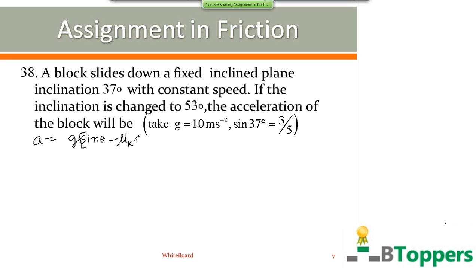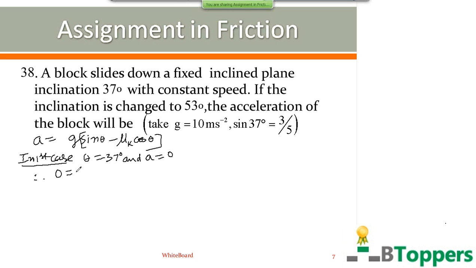normal reaction, and force of kinetic friction, is given by a equal to g into sin theta minus nu k into cos theta. In the first case, the angle of inclination of the inclined plane to the horizontal is 37 degrees. The block is moving at uniform velocity, so its acceleration is 0.